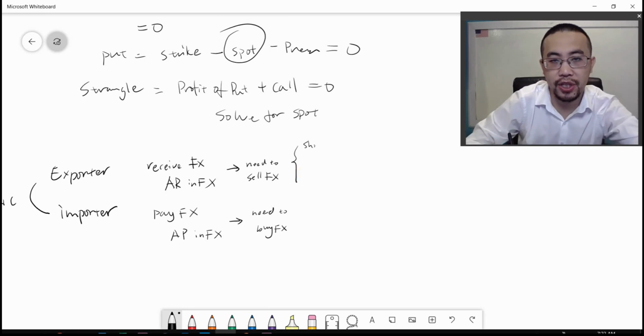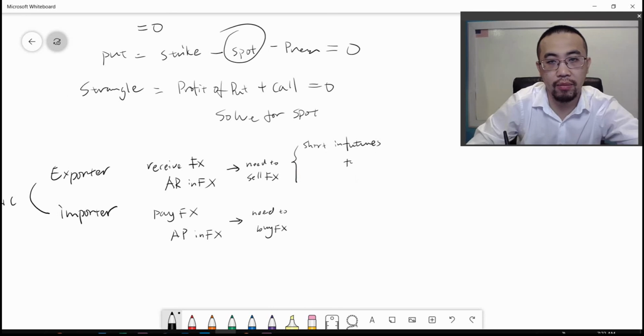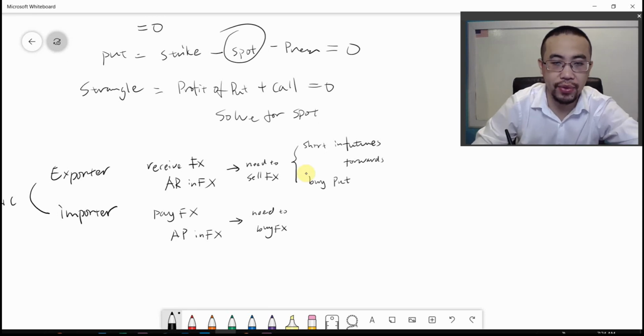You can take a short position in the futures, or a short position in the forward. It's the same thing. And then you can also buy a put option, which gives you the right to sell at a fixed rate.